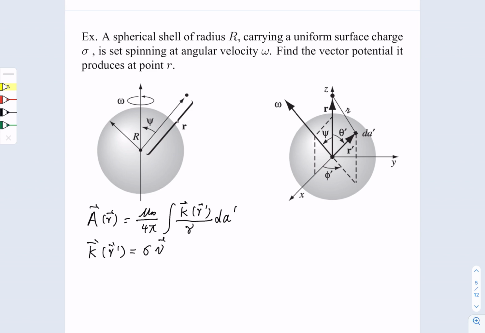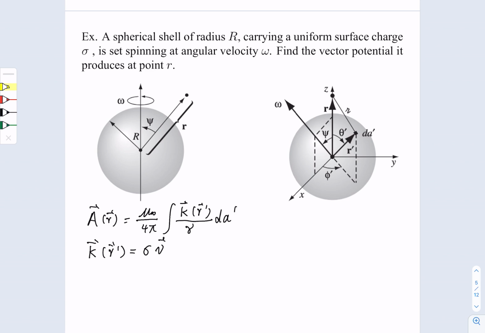It turns out that it's actually easier to calculate the vector potential if we rotate coordinates as on the right-hand side. Instead of aligning the rotation to the z-axis, we align the observation point to the z-axis. This is simply a numerical trick.